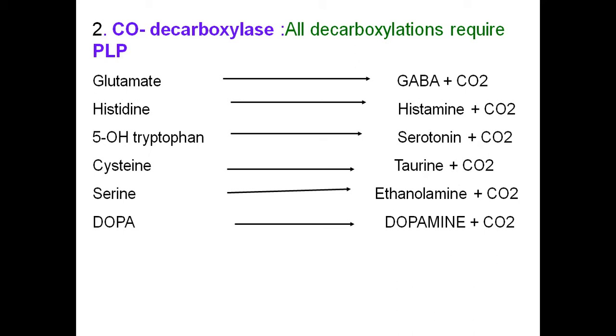Now pyridoxal phosphate is also involved in decarboxylation reactions. Many decarboxylation reactions require pyridoxal phosphate as coenzyme. The decarboxylation of glutamate to gamma aminobutyric acid requires it. Histidine is decarboxylated to histamine, 5-hydroxytryptophan to serotonin, cysteine to taurine, serine to ethanolamine, and dihydroxyphenylalanine (dopa) to dopamine.